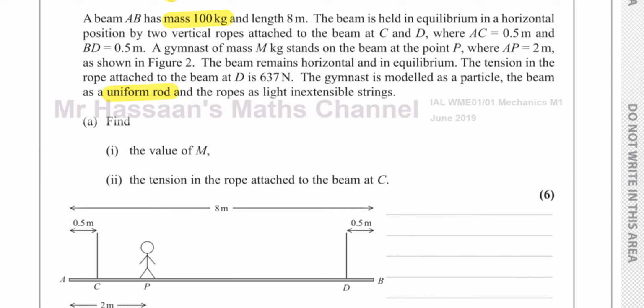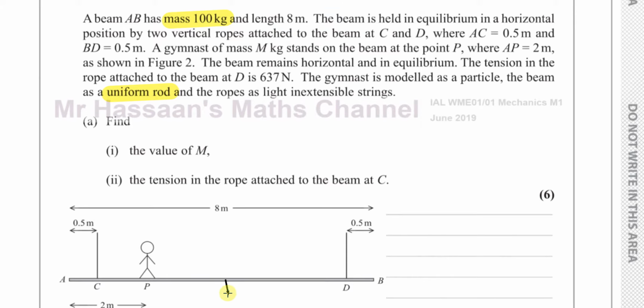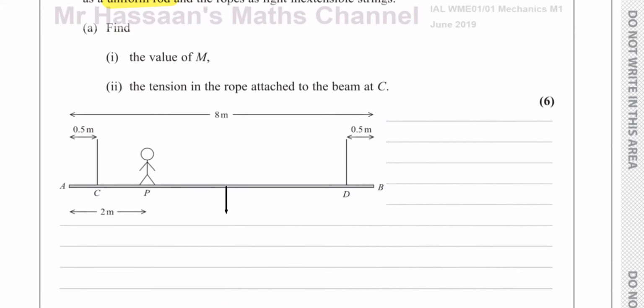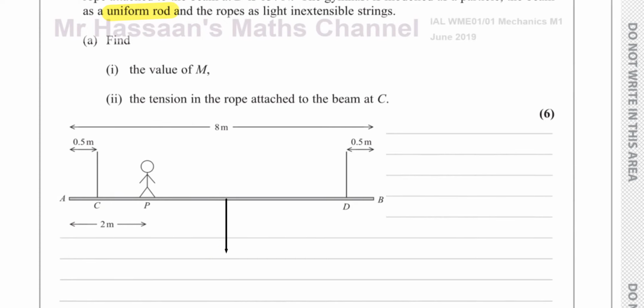That helps us draw the weight of the beam, the force of gravity acting on the beam. It acts exactly halfway along, at its geometric center, and since the mass is 100 kilograms, the force is 100g newtons.